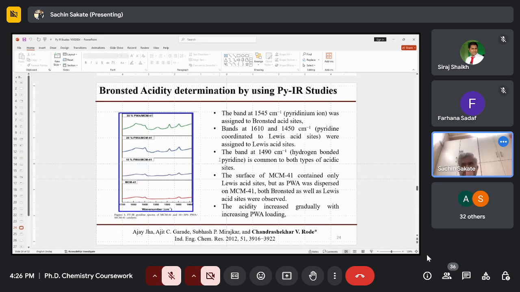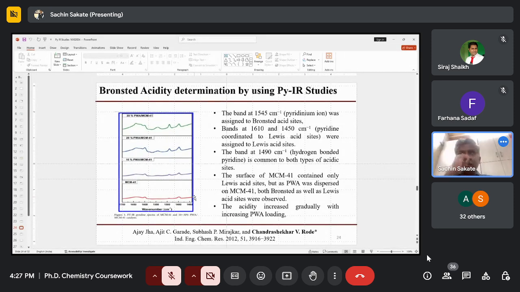What you are seeing here is that we are also getting peaks at 1545, 1450, 1610, 1490. All these peaks are for Lewis acidity and Brønsted acidity. The Brønsted acidity peak is 1545.